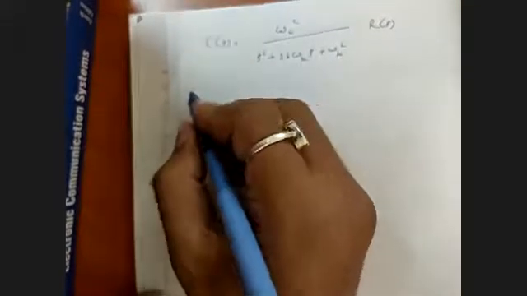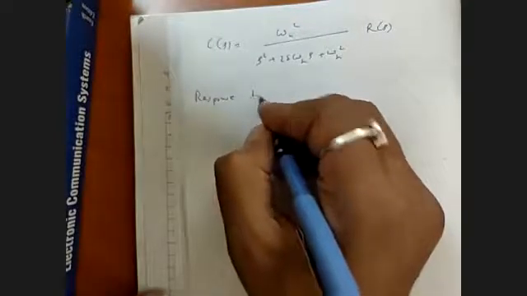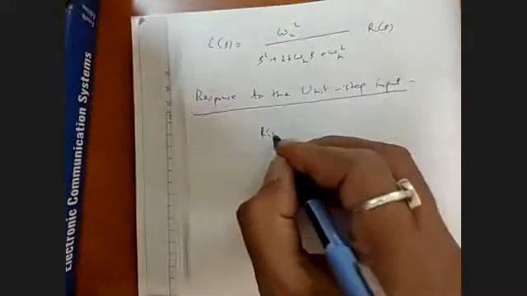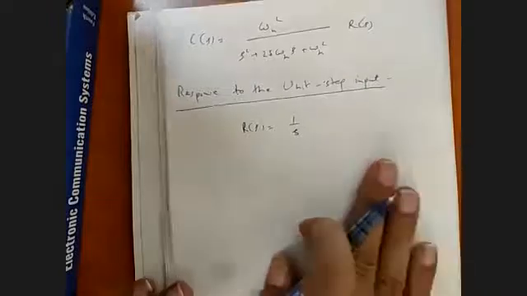We will consider the first case, that is the response to the unit step input. That means we are applying R(s) equal to 1 by s.